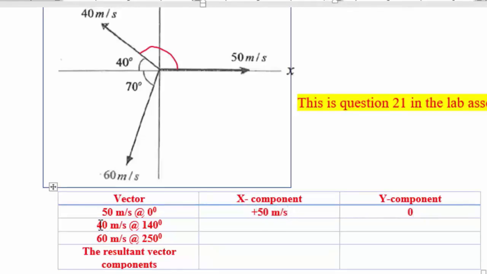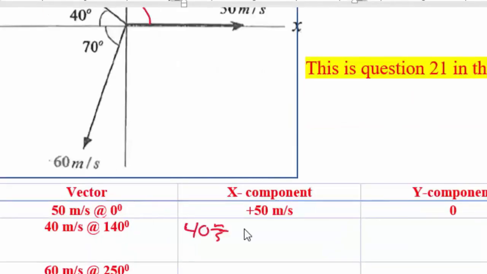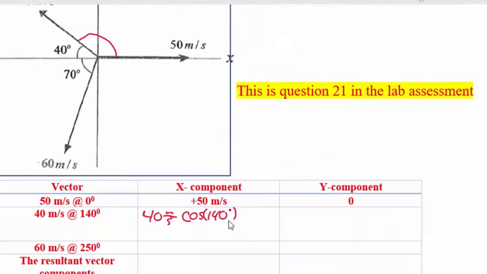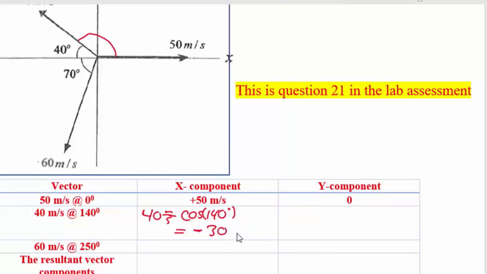For vector number 2, the x component will be 40 meters per second times cosine 140. Cosine 140 will give you negative 0.766. So the answer here will be negative 0.766 times 40, which will yield minus 30.64 meters per second. So that's the x component of the second vector. The y component will be 40 meters per second times sine 140.